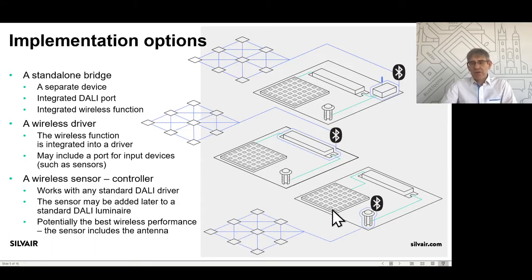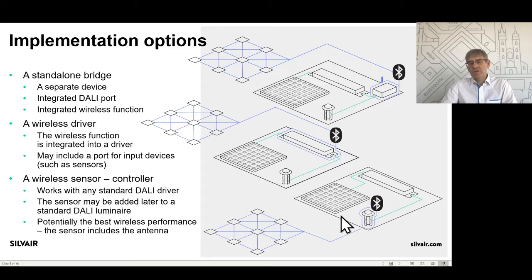Option number 3 is the one that we like a lot, which is using a standard DALI driver and then using the sensor controller device, which has all the sensing functionality as well as the application control and wireless functions included. The nice thing about this third option is that the sensor controller may be added later.